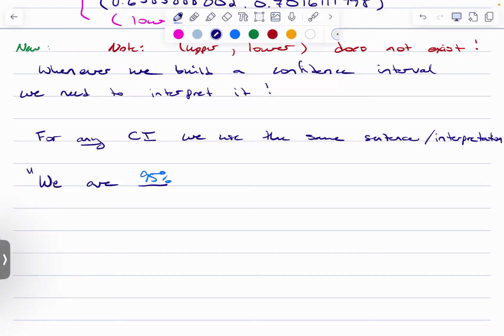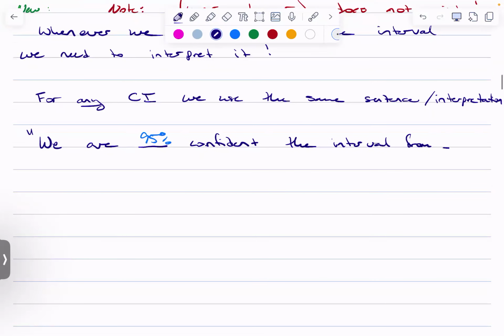So we're blank percent confident the interval from blank to blank, so from the lower to the upper value of your interval, of course, captures.